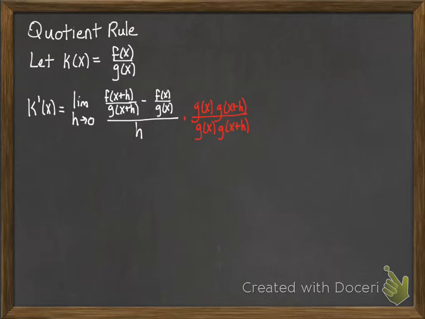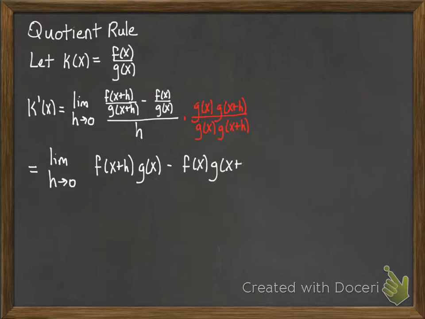So we multiply through, and then it's just a matter of simplifying. And so we've done so now. At this point, we would like to find a way to involve the derivatives of f and g. If you remember, the derivative of f would be the limit as h goes to 0 of f of x plus h minus f of x all over h.